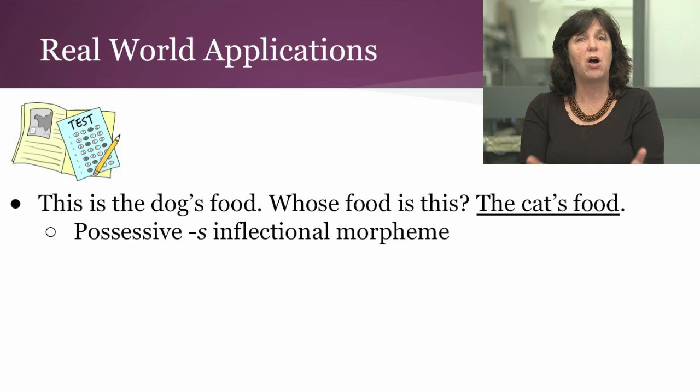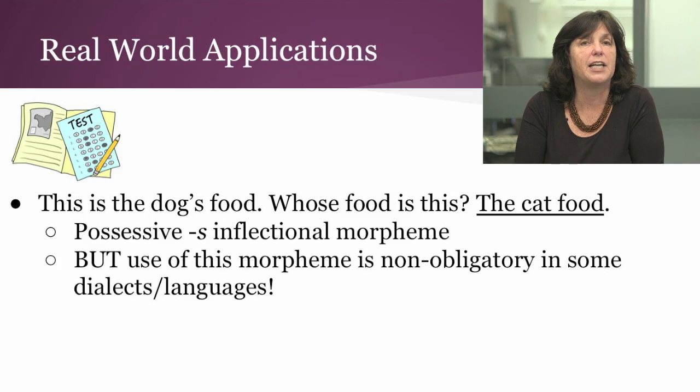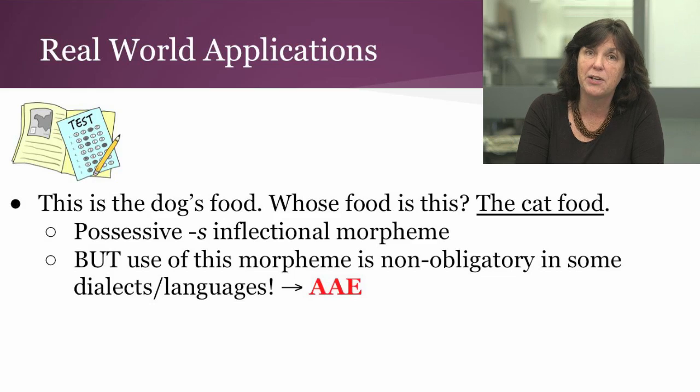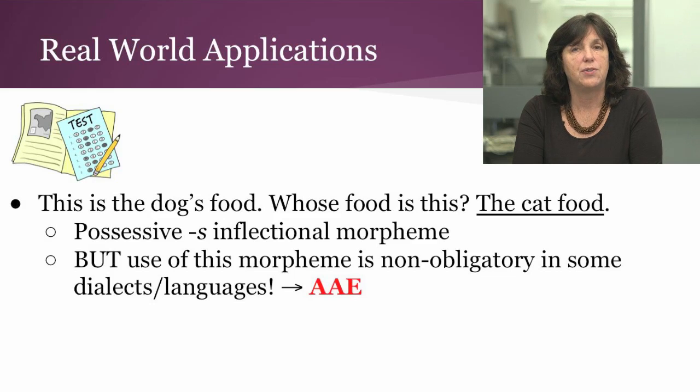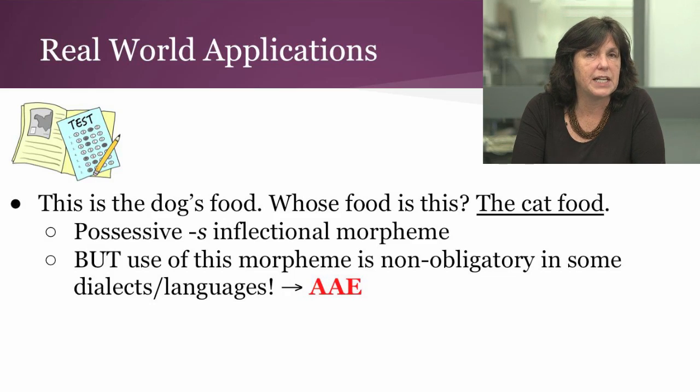But of course, we know the use of this morpheme is not obligatory in some dialects, such as African American English. So this answer, the cat food, instead of the cat's food, is grammatically correct in African American English. In Spanish influenced English, you might come across an answer like the food of the cat, which is grammatically correct in Spanish influenced English.